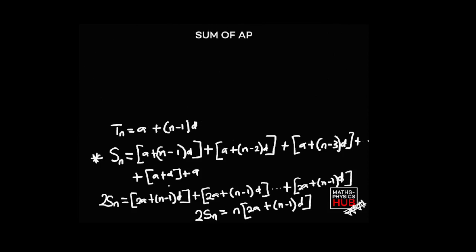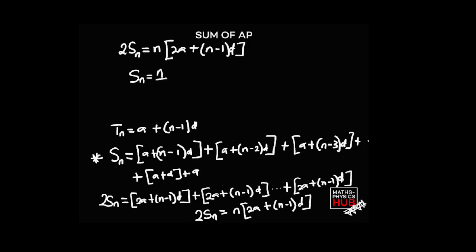All right. So from here now, the last thing we have is that 2S sub n equals n into bracket 2a plus into bracket n minus 1 d, then close the bracket. Abi? So what we are looking for is Sn. And for us to get Sn, what are we going to do? So divide through by 2.